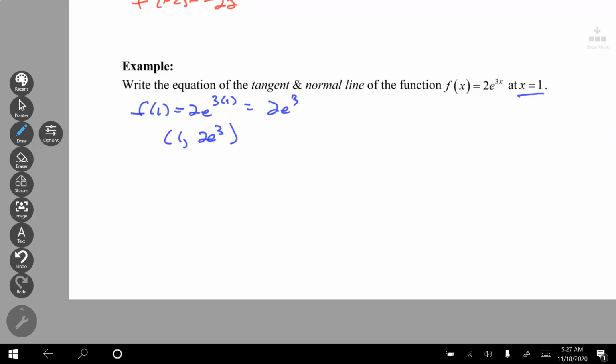I don't care what 2e to the third is, just some number. My derivative is going to be 6e to the 3x. So I plug in my value, I get 6e to the 3 times 1. And f prime of 1 is equal to 6e to the third. That's my slope.